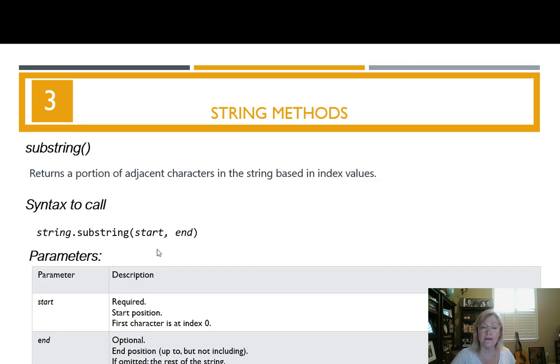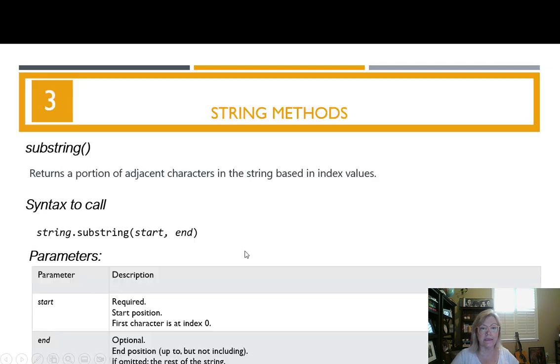The start is the beginning of the string where you want us to pull it out, and the end is optional, but the end, if you include it, will be where you want it to stop, but it actually stops 1 character before what you put in the end. If you don't put the end position in, notice it says up to but not including. If you leave it out, it's going to take from start all the way to the end of the string.